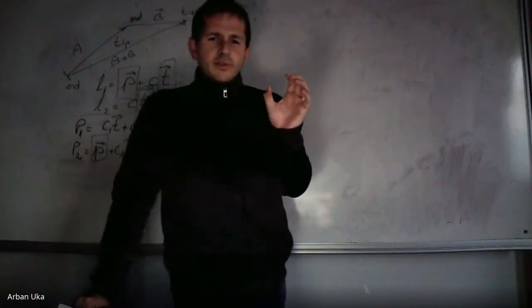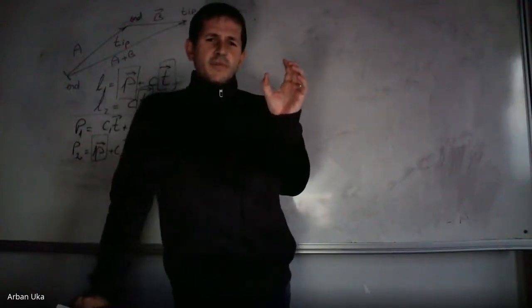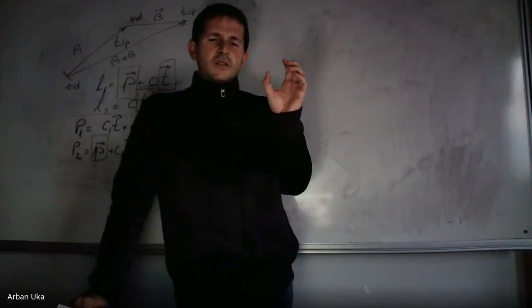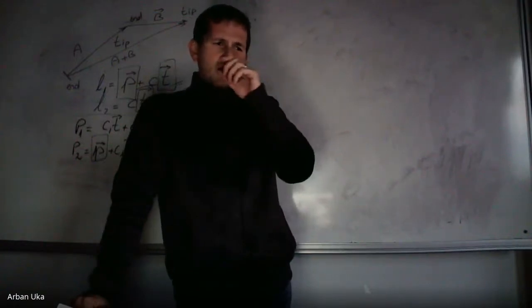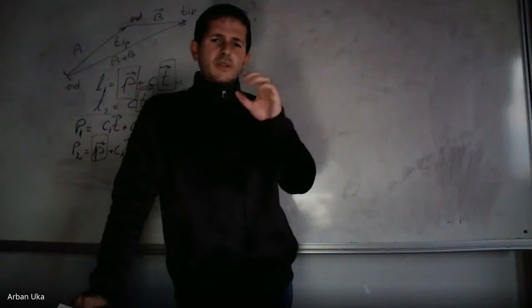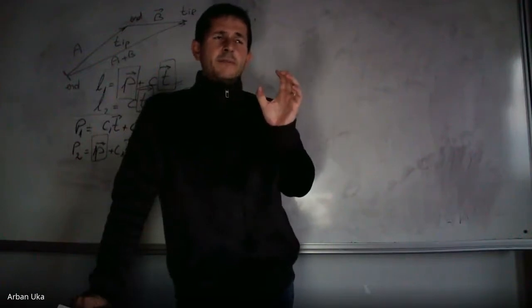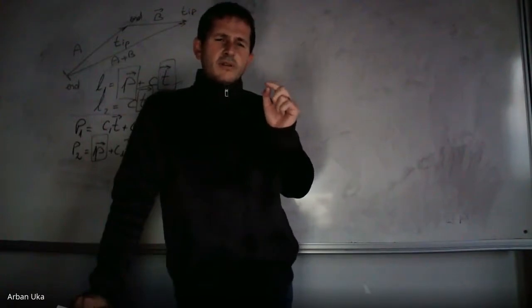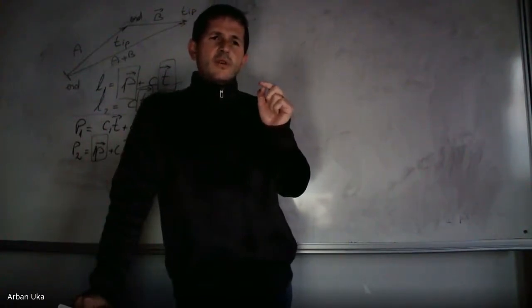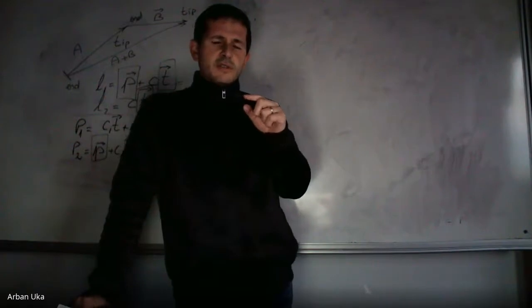So for example, to define all the surface of the Earth, you need only one radius, which is the distance from the center of the Earth to the surface. So the union of all of these points makes up a single surface, because we need only one vector to define the whole surface.